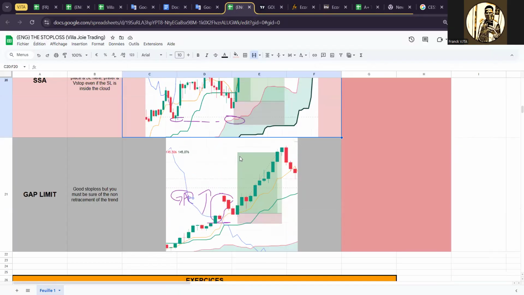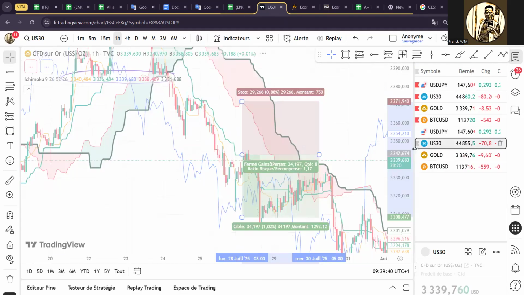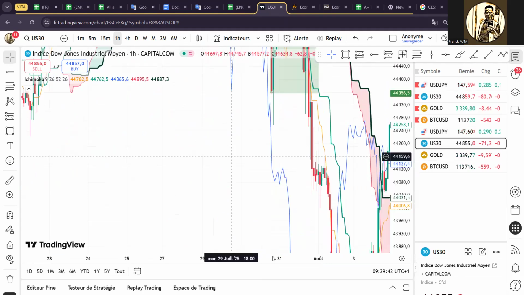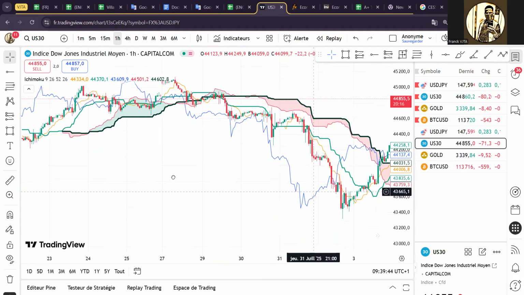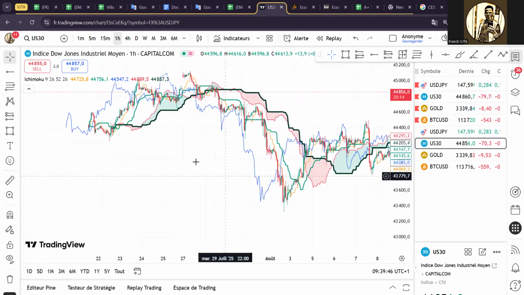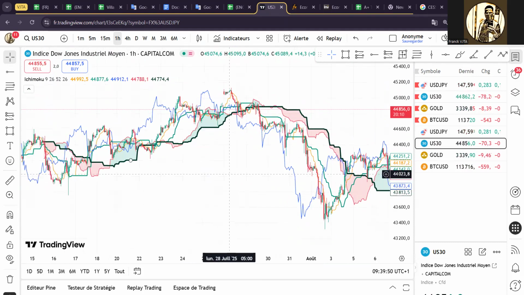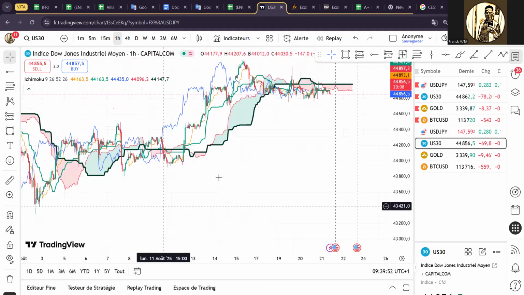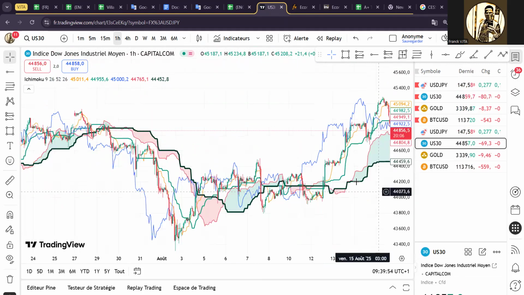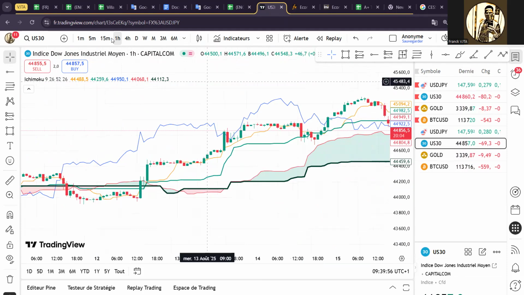So now you have the gap limit. The gap limit, let me try to look at it. The gap limit, in terms of, let us go on 15 minutes.